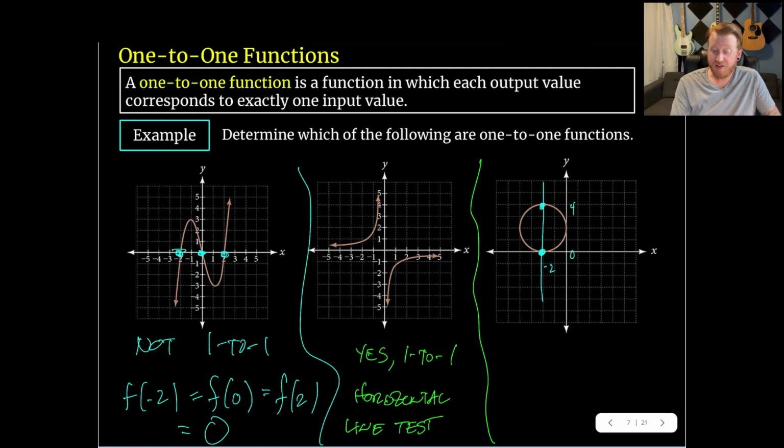So not even a function in this case, because the input of negative 2 is technically being sent to two different output values. So not a function, and not worth considering if it's one-to-one, because you have to at least be a function in order to be one-to-one.